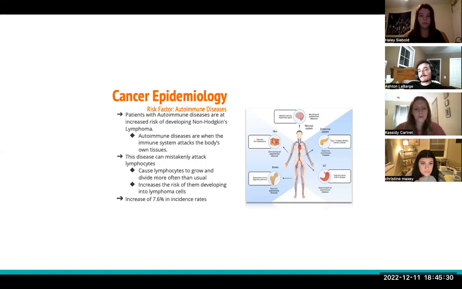And this disease can mistakenly attack lymphocytes, and it can cause lymphocytes to grow and divide more often than usual, and it increases the risk of them developing into lymphoma cells. So if you have an autoimmune disease, you have a 7.6 times increase in developing non-Hodgkin's lymphoma.